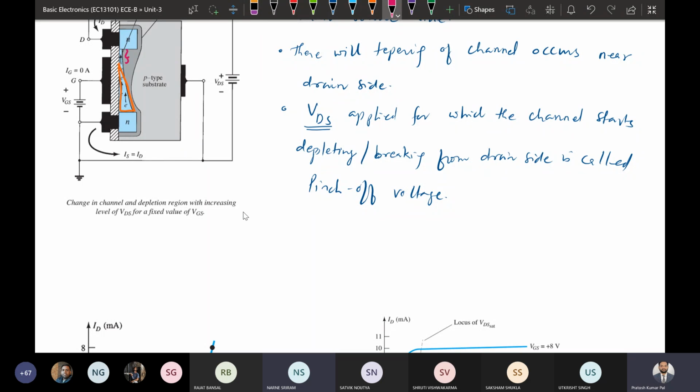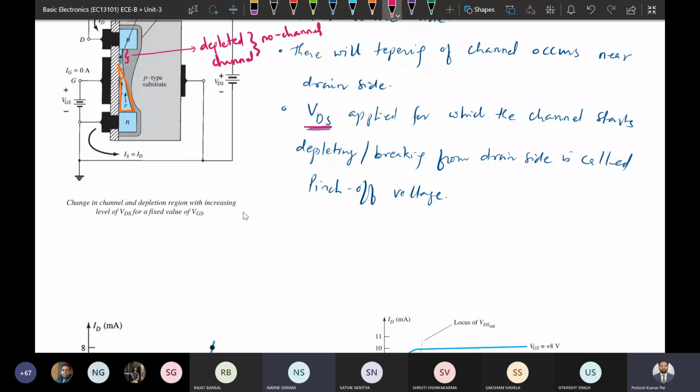For this region the channel is depleted, or there is no channel. In this region there is no channel. So the channel is going to deplete from this portion, from the drain side. As we increase the VDS, the point at which the depletion starts is called the pinch off point.